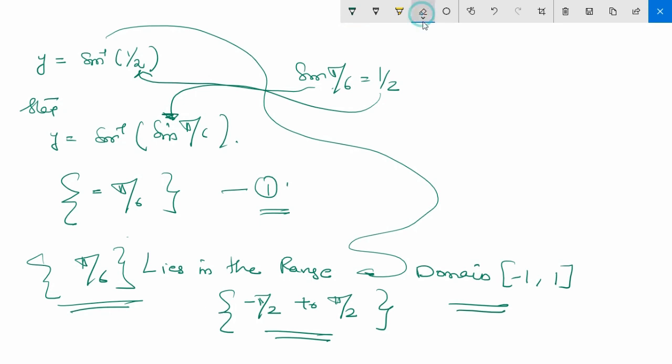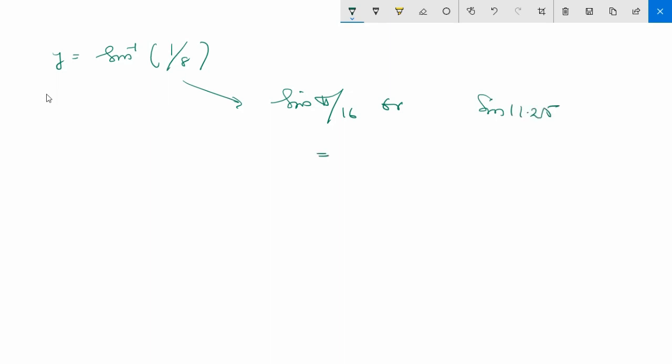Now taking another example, y is equal to sine inverse of 1 by 8. So this is equal to sine of pi by 16 or sine of 11.25.